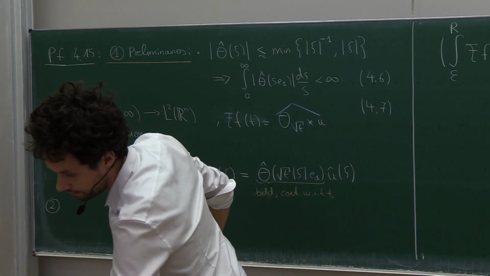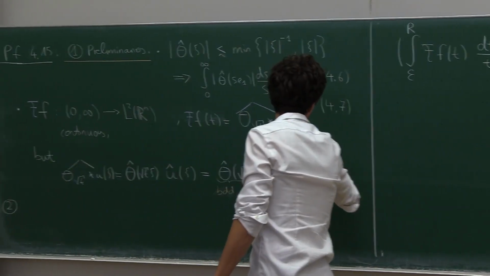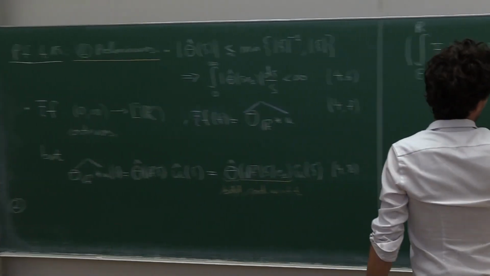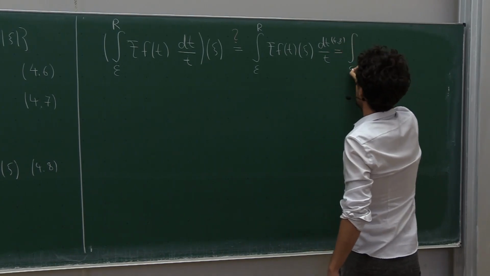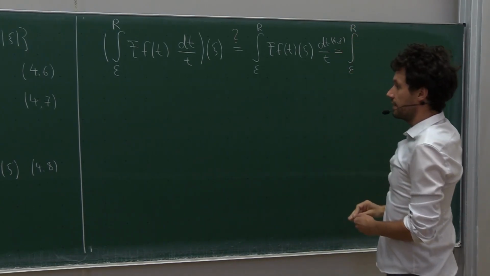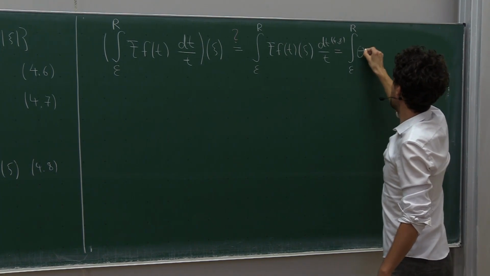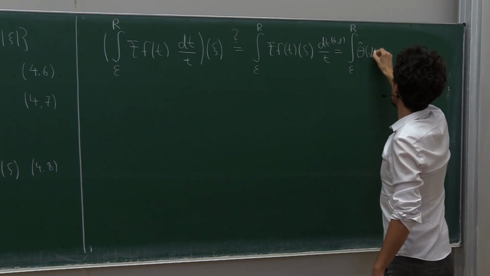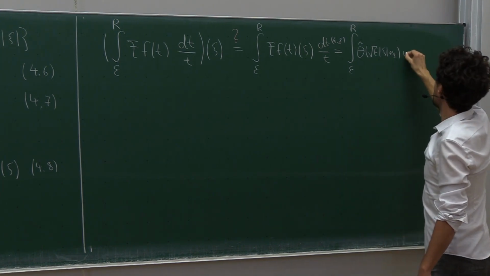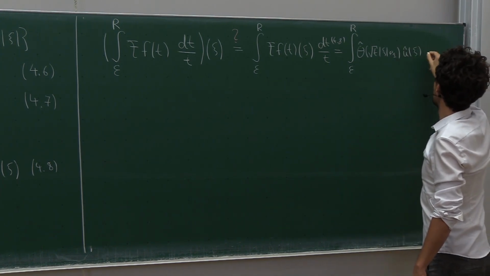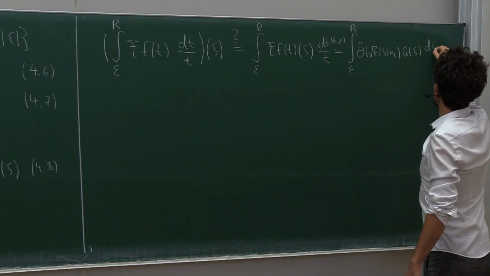Now if I would be able to do that, then I can use this formula down there, and I wanted to give it a name for reference, so we call that 4.8. So then I could use this 4.8 and I could write out the thing. So that would be theta hat of square root of t xi absolute value e1 times u hat of xi dt over t.